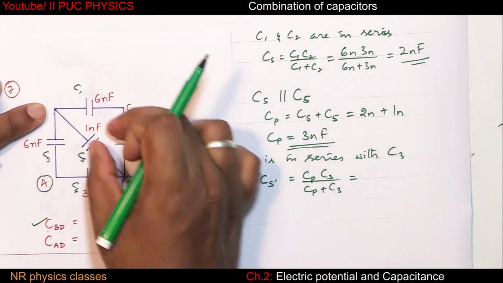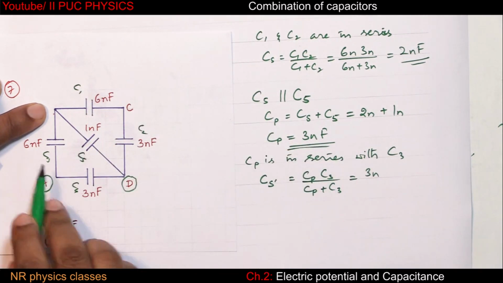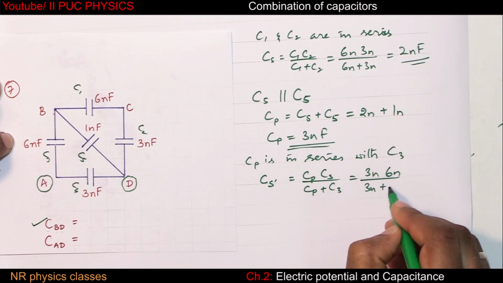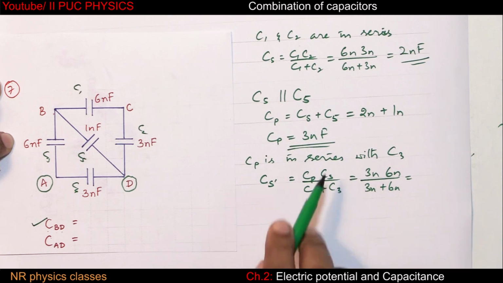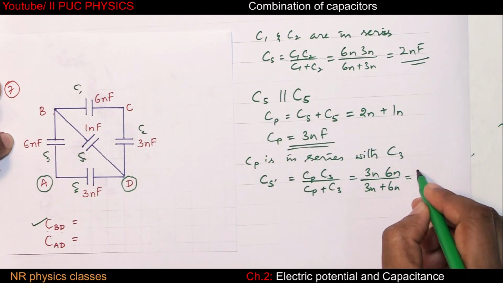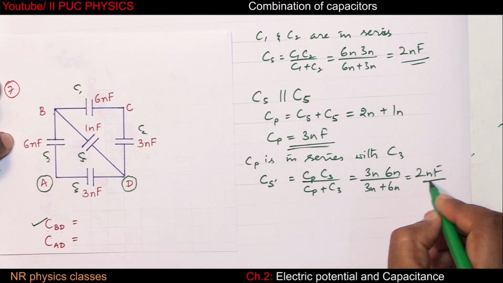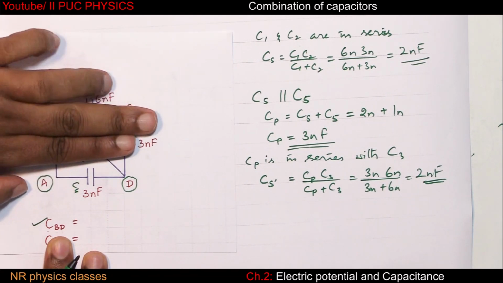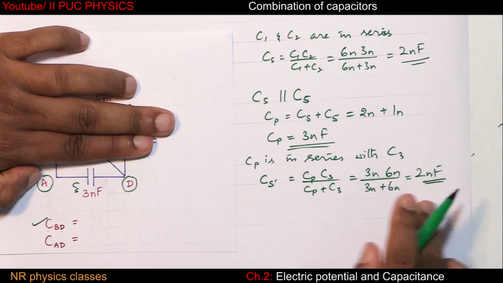This is 3 nano, this is 6 nano by 3 nano plus 6 nano, which equals, similar to this, 2 nanofarad. Now in place of 1, 2, 3, 4, what we have is 2 nanofarad.